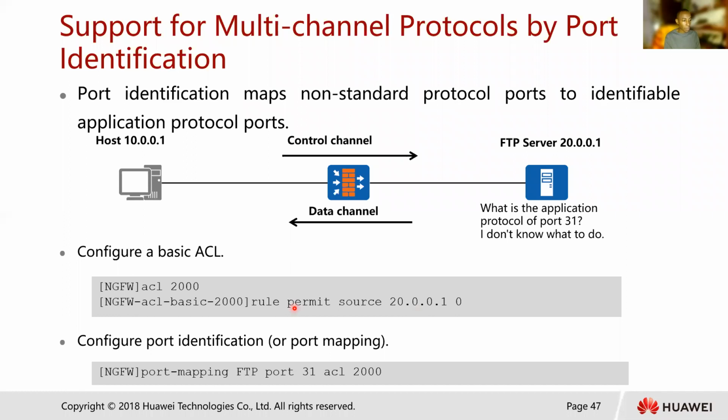So how do you configure a basic access control list? For example, in the system view, you type ACL 2000. It can create, for example, what happens in 2000. You can see this is just given the ACL number as 2000. ACL basic rule permit anything that is coming from 20.0.0.1, right?